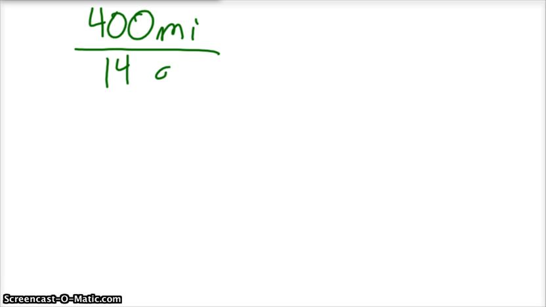Let's go to example. We're still on example number 1. Let's look at B. So this is another real world one. So this person went 400 miles on 14 gallons of gas. So we got 400 miles over 14 gallons. So we want to figure out what is the mile per gallon. So we're going to divide 400 by 14. So we end up with just 1 gallon.